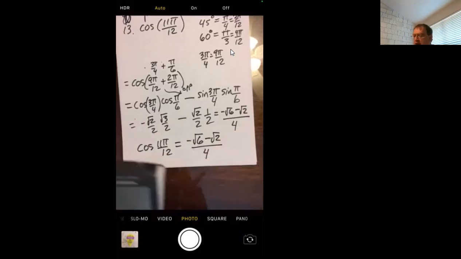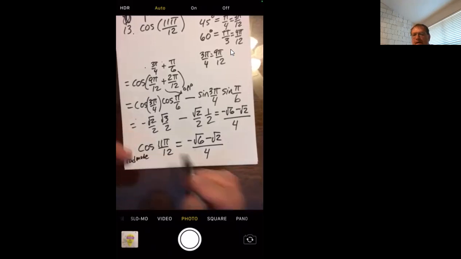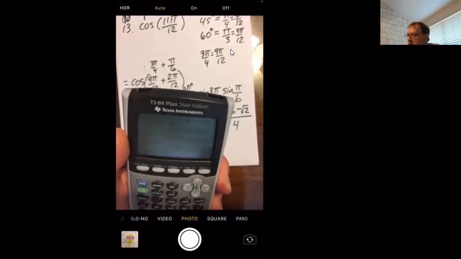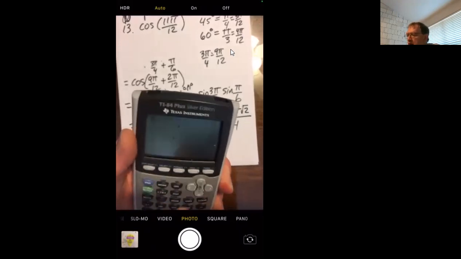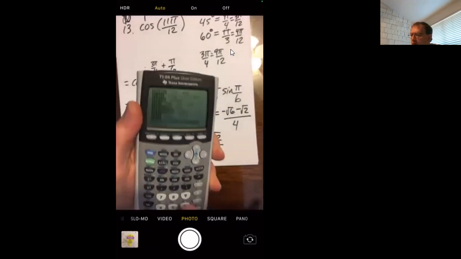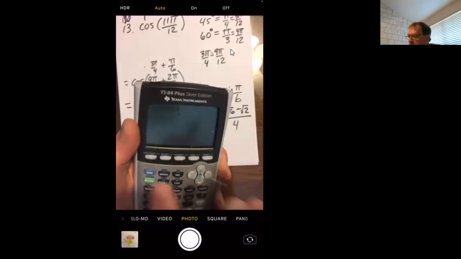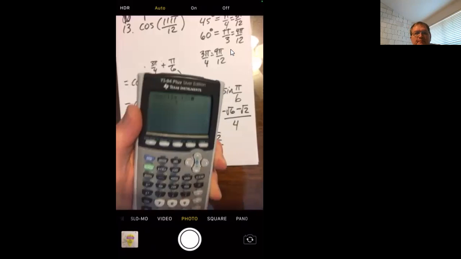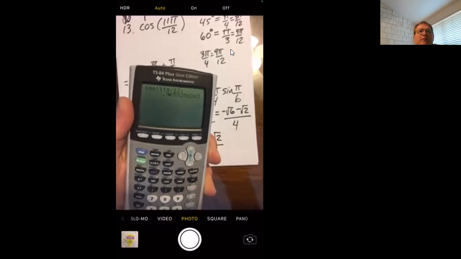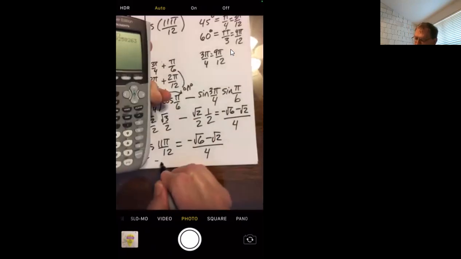All right, going to need to be radian mode. Let's switch back to radian mode. Cosine of 11 pi divided by 12. See, that's the x leg at 11 pi over 12, negative 0.9659.